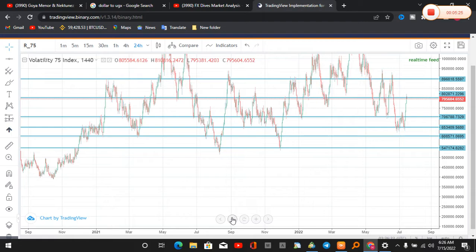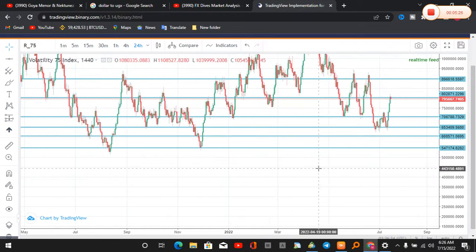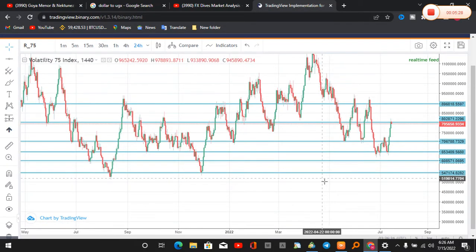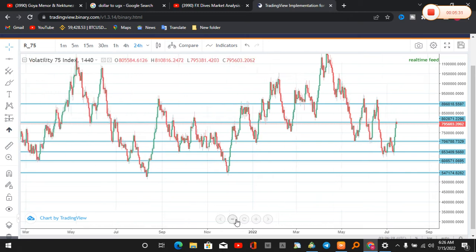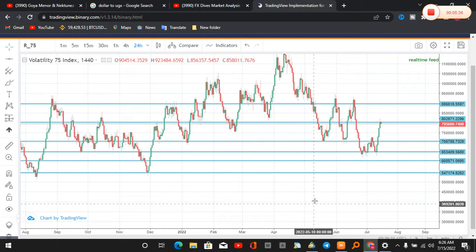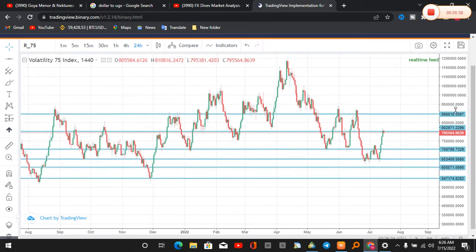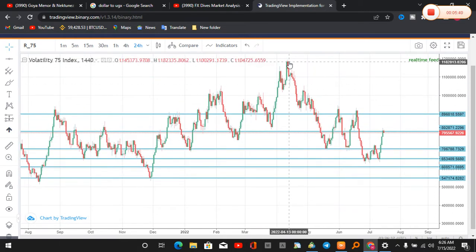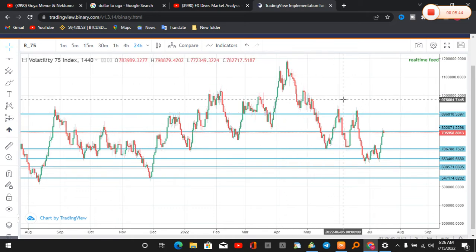So getting a clear perspective, at the moment we say the market was in a little bit of a downtrend, whereby it was making lower highs and lower lows, lower high, lower low, lower high, lower low.